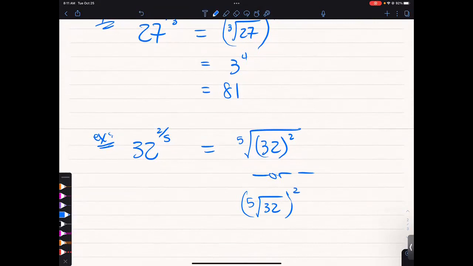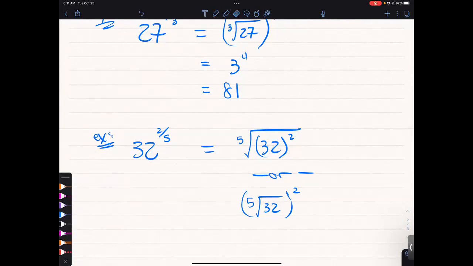Again, if you're doing the arithmetic and using a calculator, it doesn't matter, right? Either way is fine. But when we get to solving, sometimes thinking about it one way rather than the other is going to be more helpful or show us a little bit more about what's going on. So I want to really reinforce the idea that these are the same, right? It's 2 multiplication steps, so it doesn't matter which order you do them in, you get to the same place. So either of these is fine.